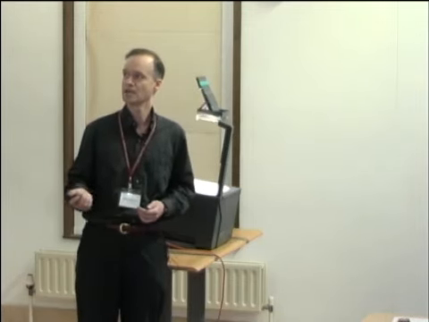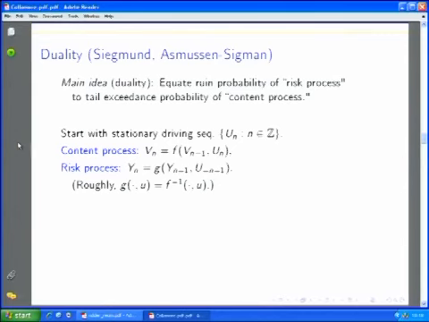And so to get around this problem, we look not at the risk process itself, but rather at the dual process. So in particular, what we would like to look at is not the problem of estimating the ruin probability directly, but rather of estimating an equivalent problem which involves the tail exceedances of an associated content process.